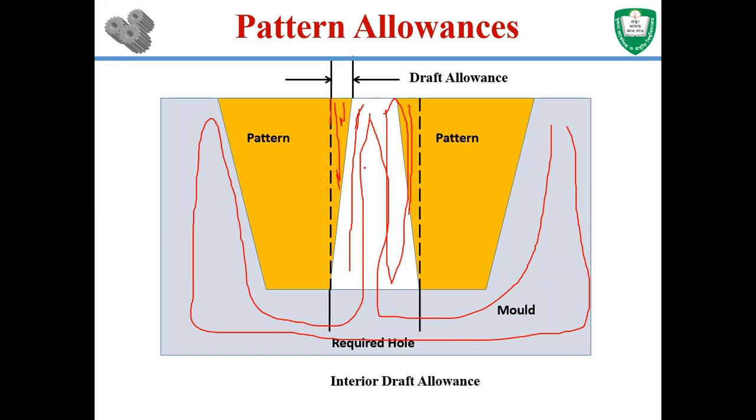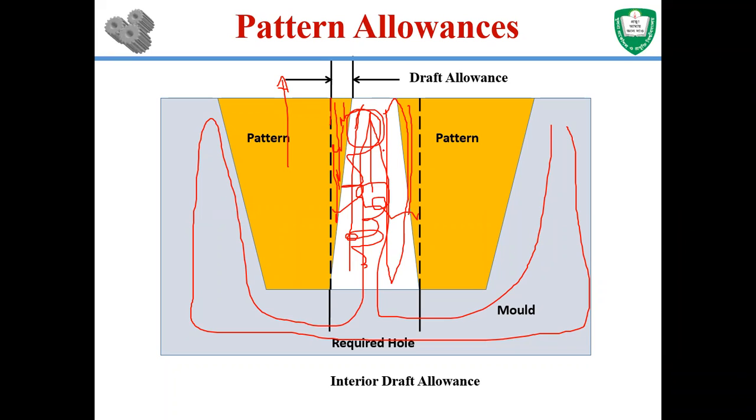In that case, if you want to remove the pattern upward, then the pattern will always be in contact with the sand, and due to the friction or a little bit of movement of the pattern, the sand pile that is created in here might break. Sometimes there is a possibility that a fraction of sand comes out with the pattern because of the friction. Yes, sir.